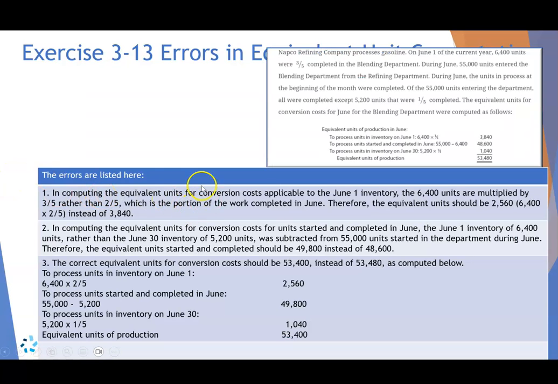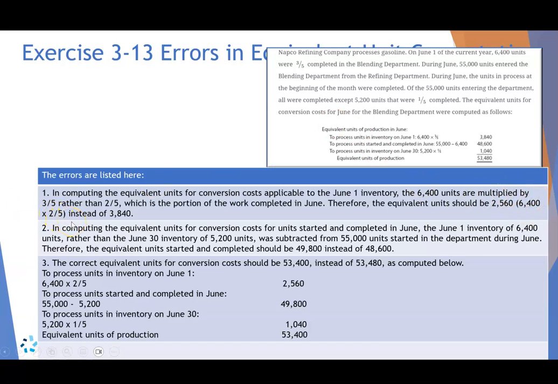In computing the equivalent units for conversion costs, the 6,400 units are multiplied by 3/5. That was the error. They should be multiplied by 2/5, which is the portion of the work completed in June. So the equivalent units should be the 2,560, which is the 6,400 times 2/5.